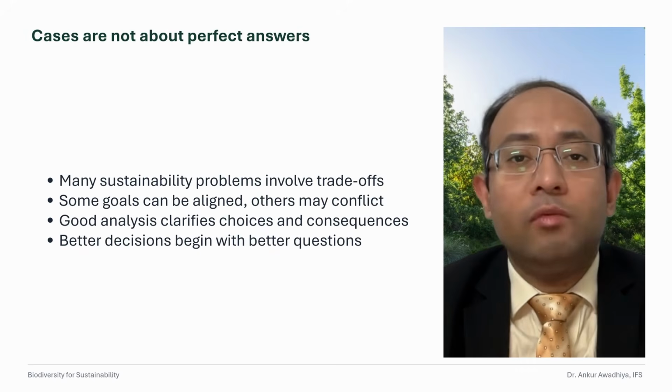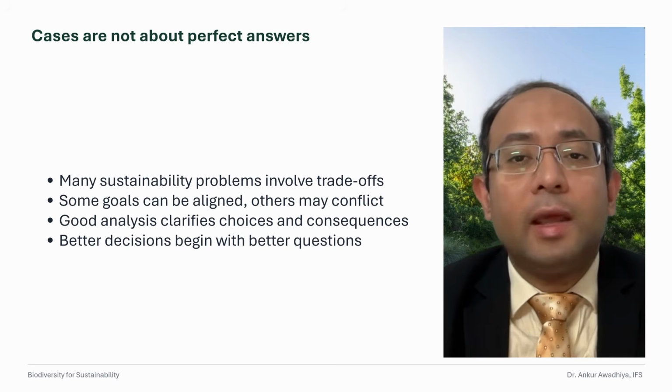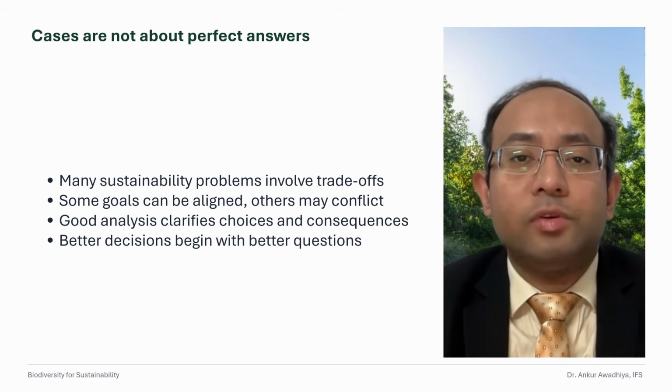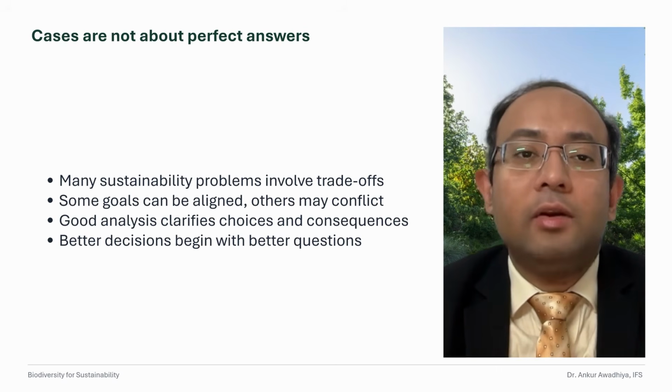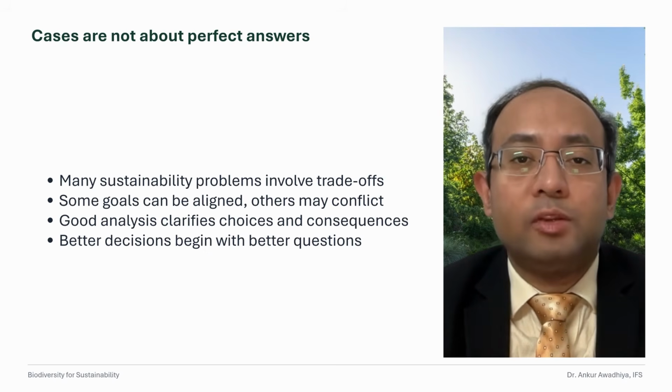Before we begin, one more important point. Sustainability cases rarely have a single correct answer. Many involve genuine trade-offs. Good analysis does not pretend that conflicts are absent. Instead, it makes those trade-offs visible, it reveals hidden ecological dependence, and it clarifies what different pathways will likely lead to.